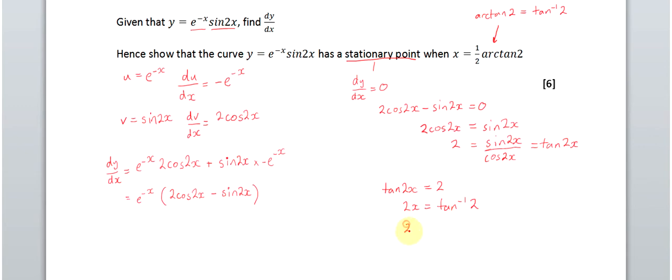So we've got 2x is arctan of 2, and that means that x is a half of that, which of course is what we're trying to show in the first place. And there we are.